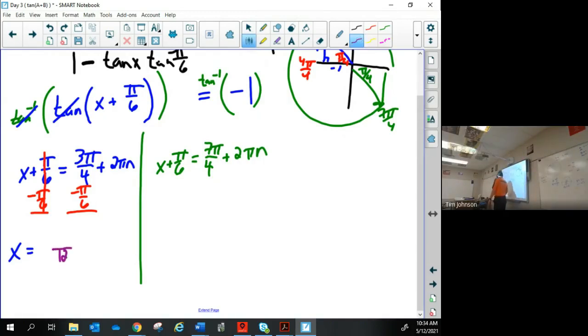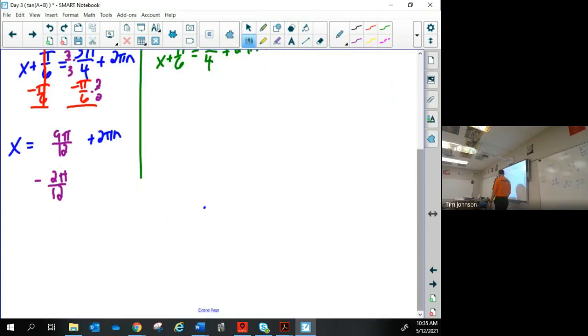Okay, well, my denominator is gonna be 12ths. So I multiply this one by 3 over 3, which is 9 pi 12ths. I multiply this one by 2 over 2, which is minus 2 pi 12ths. So my answer right here is x equals 7 pi 12ths plus 2 pi n.